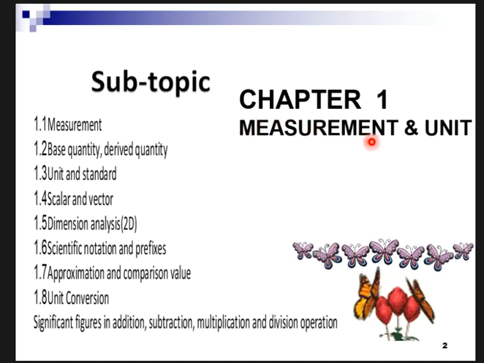These are the subtopics for this chapter: 1.1 Measurements, 1.2 Base Quantity and Derived Quantity, 1.3 Units and Standards, 1.4 Scalars and Vectors, 1.5 Dimensional Analysis, 1.6 Scientific Notation and Specifics, 1.7 Approximations and Comparison Values, 1.8 Unit Conversions, 1.9 Significant Figures in addition, subtraction, multiplication and division operations.